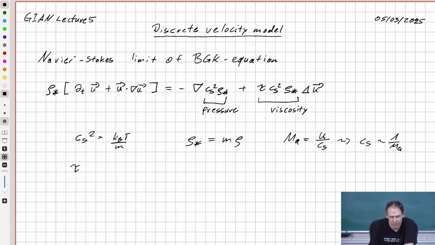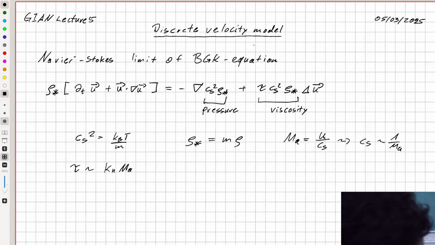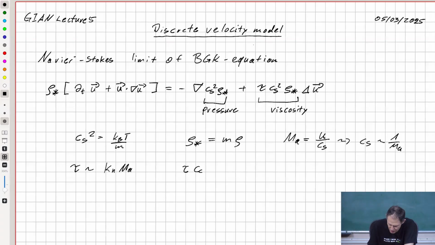This tau, the mean free path, is related to the Knudsen number times the Mach number. So tau cs squared is proportional to the Knudsen number divided by the Mach number, and this Knudsen divided by the Mach we just redefine as 1 over the Reynolds number.